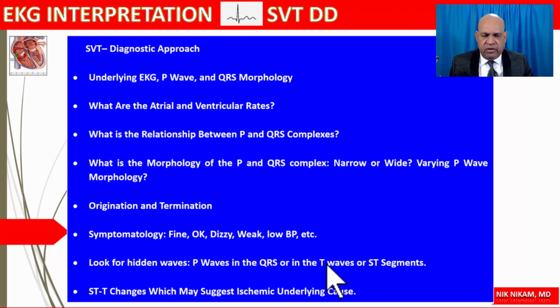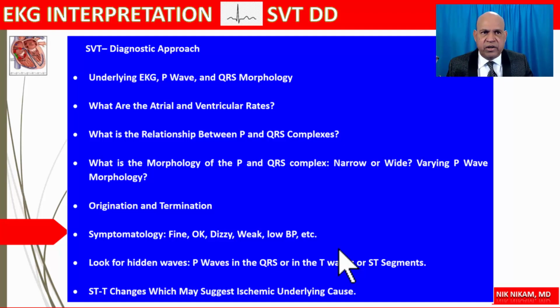And of course, while we are focusing on the supraventricular tachycardia, we should also look at all other features which may give some clues as to why this patient developed this particular supraventricular tachyarrhythmia. If the patient has WPW, are we able to see delta waves?